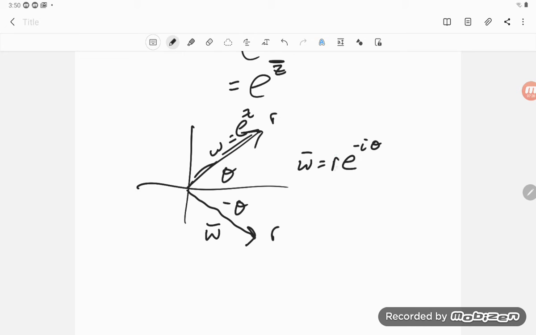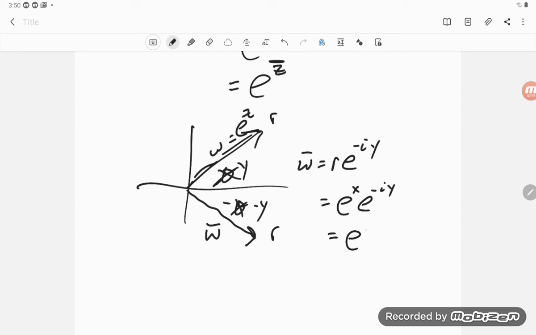But if I write theta as y instead, let's not call it theta, let's call it minus y and y. So then up here I could change that to a y. And then the r I could write as some e to the x and e to the minus iy.